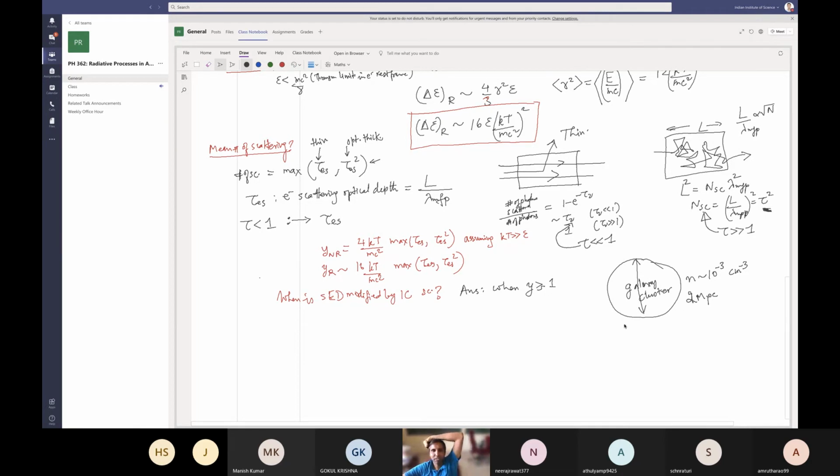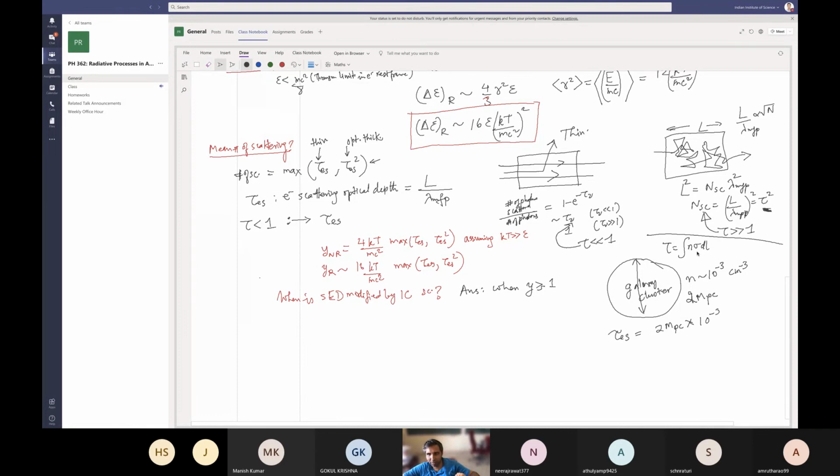So let's first calculate tau es. This is nothing but the size, which is 2 megaparsec, times n sigma. All right, so what is tau? Tau is equal to the integral of n sigma dl, right? That's what I'm using. So number density is 10 to the minus 3.